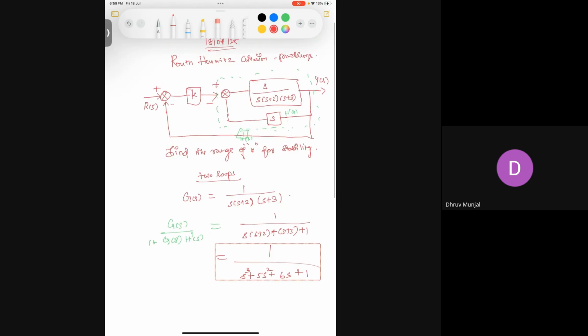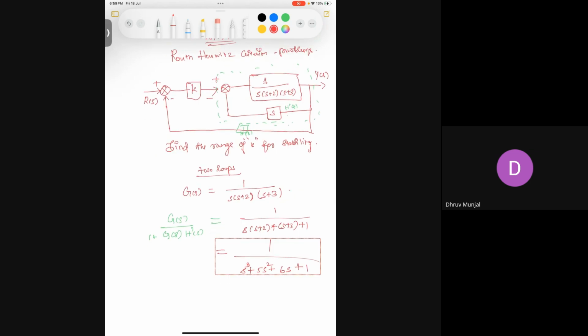So when you come to the outer loop, there is a k. Am I missing a? Oh, no, okay. The h of s is not 1 here, right? I cannot use this. Right, right, right.